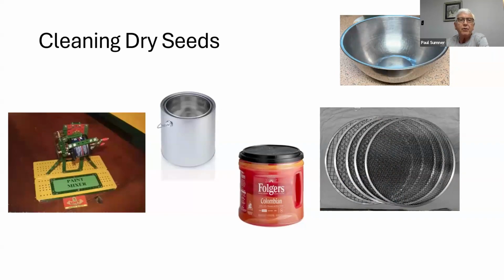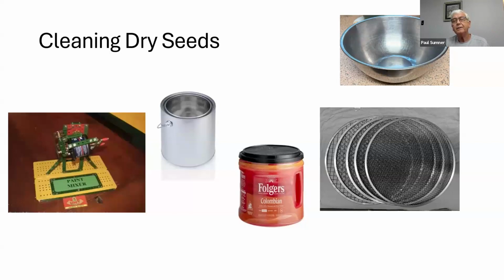There are different ways of processing. You can take a pan and go through the seed heads manually, roughly, and remove the petals and the sepals and the capsules and everything that's in the seed head.